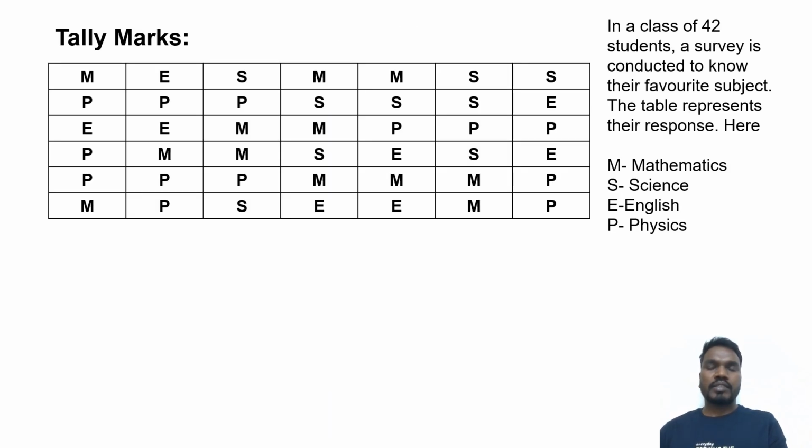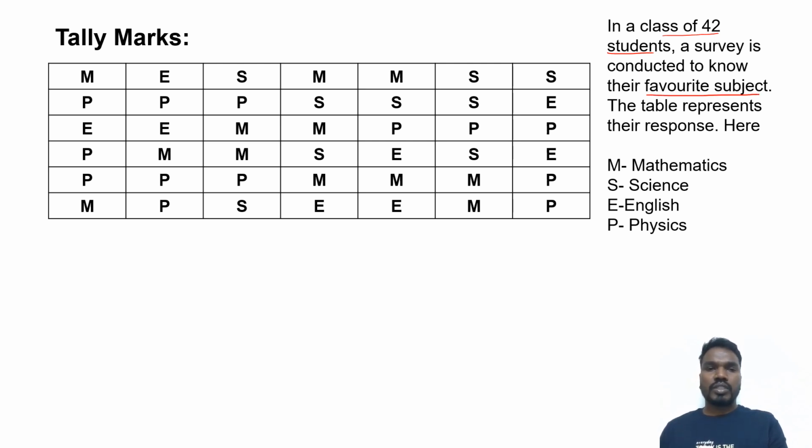So what are tally marks? To understand them, let us take one simple example. Tally marks are a very simple way of representation. In a class of 42 students, a survey has been conducted to know their favorite subject.